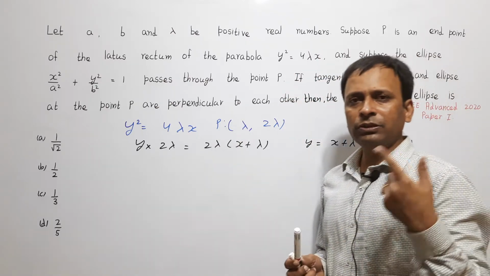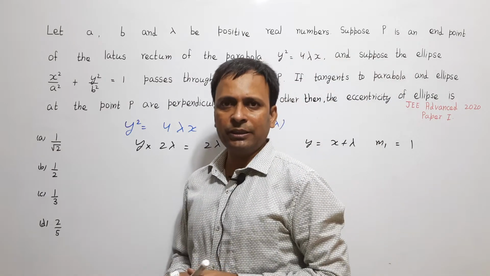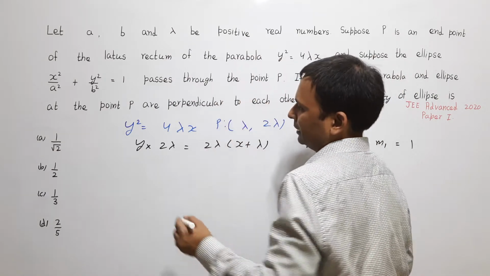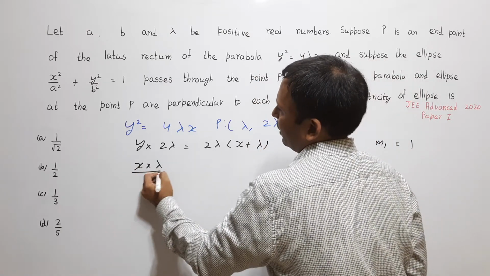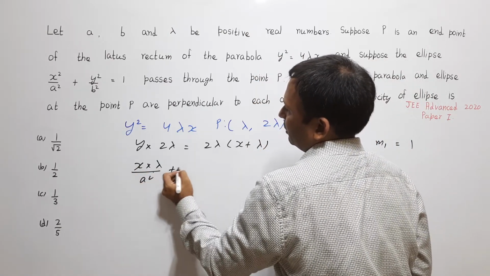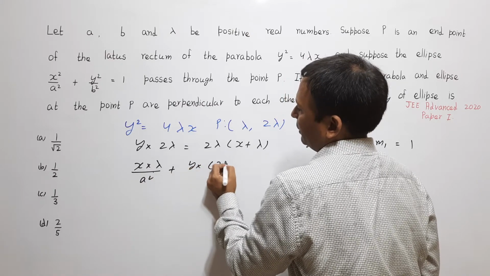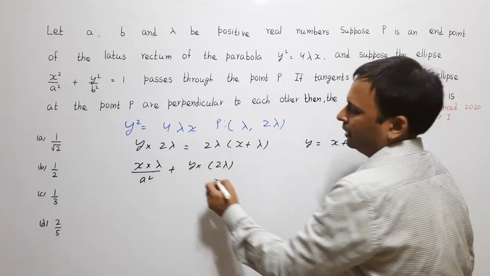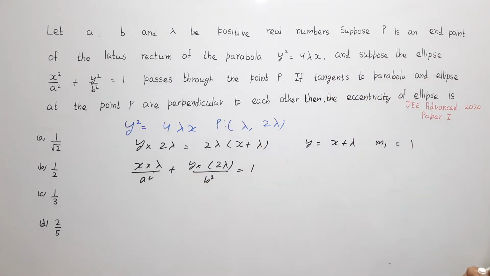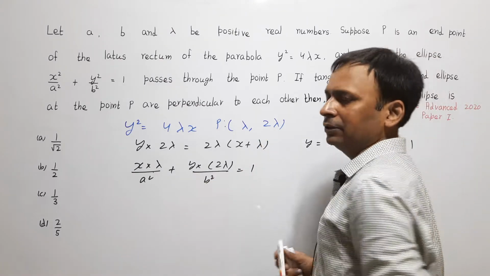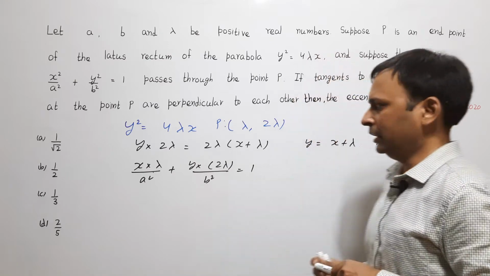So again we will use the point form of the equation of the tangent. It will be given by x multiplied by x1, instead of x1 there is lambda, divided by a square, plus y multiplied by y1, instead of y1 I will write 2 lambda, divided by b square is equal to 1. This would be the equation of the tangent to this ellipse.